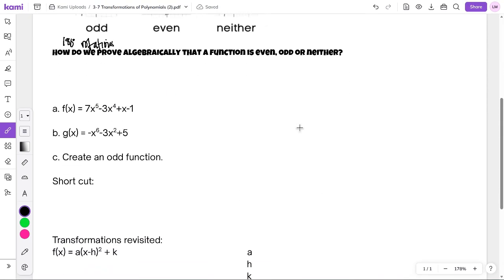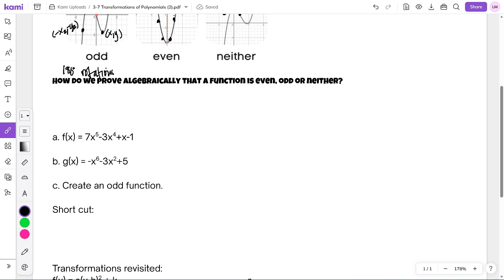How do we prove algebraically? So if they give us some graphs, how do I prove algebraically? All right, so the way to prove algebraically is plug in -x, or the opposite of x. So remember, up there I was talking a lot about opposite. Plug in the opposite of x, and here are your options.